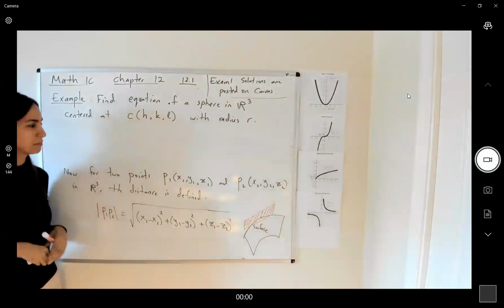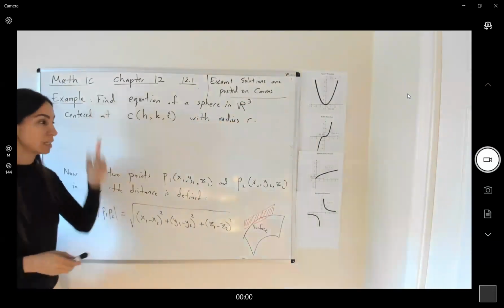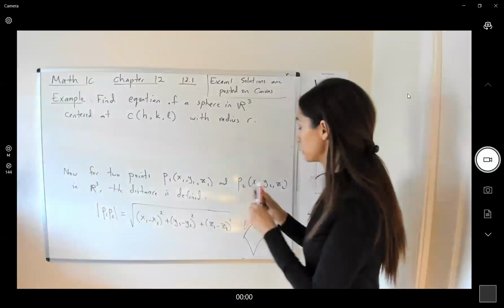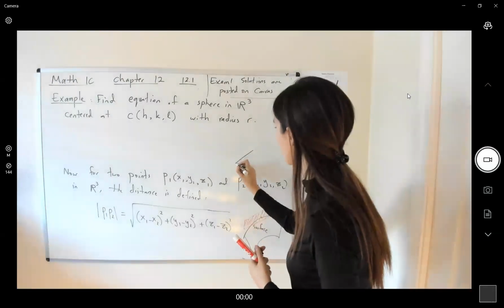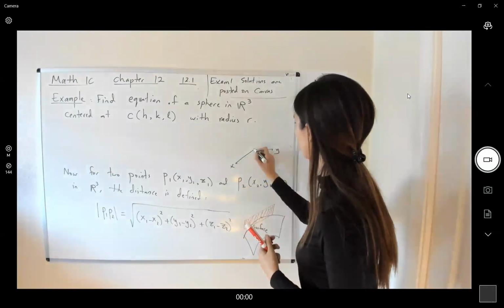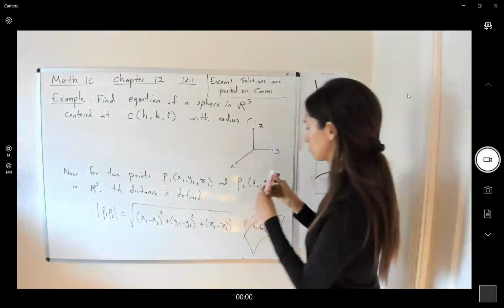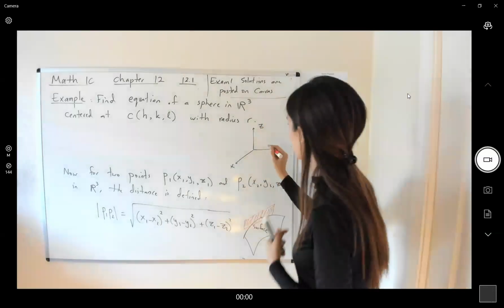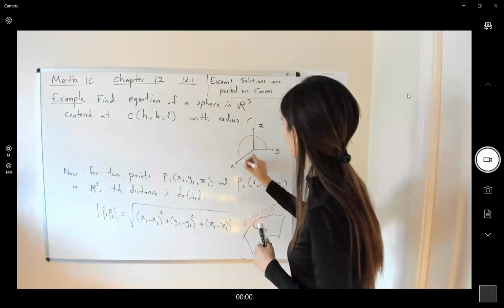Okay, let's think about it this way. We have a sphere in 3-dimensional space. So if you have X, Y, Z axes, then here you have a sphere in 3-dimensional space.